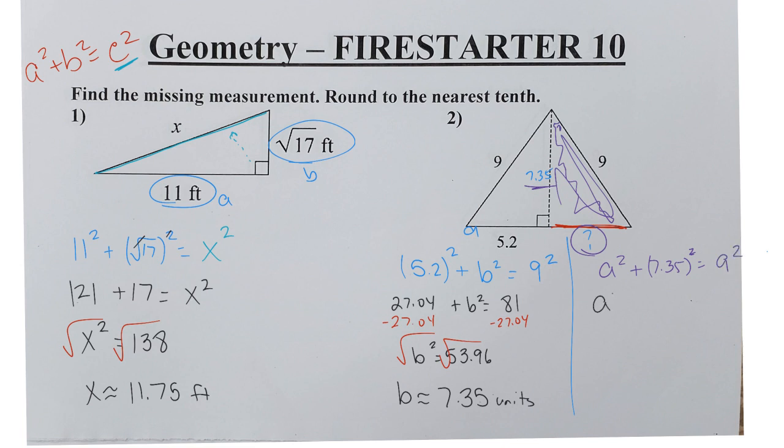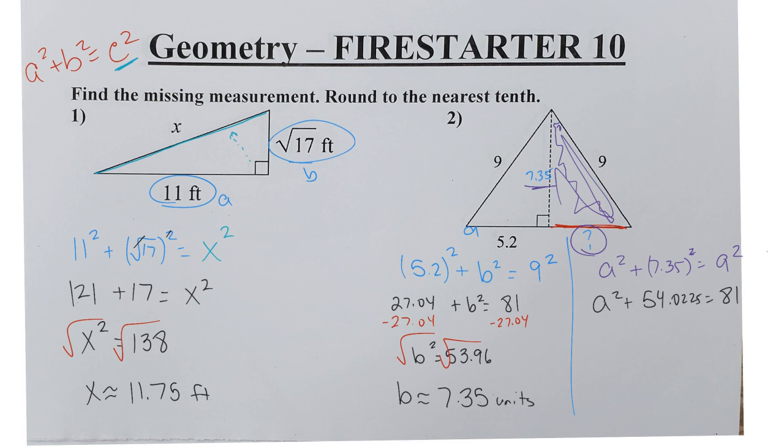So I have A squared plus 7.35 squared. Now I left my previous answer, so I got something a little bit different. But we'll do 7.35 squared. I end up with about 54. We'll say 54. If you want to put 0.225, that's fine.